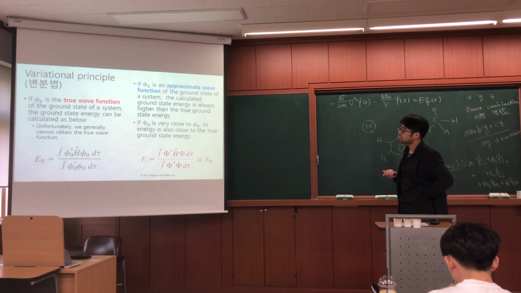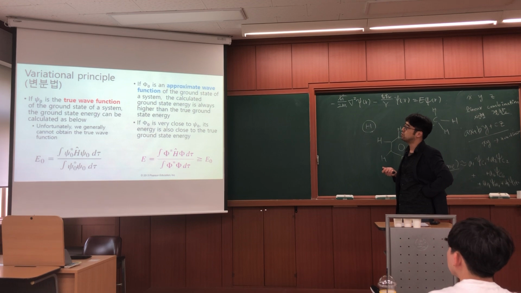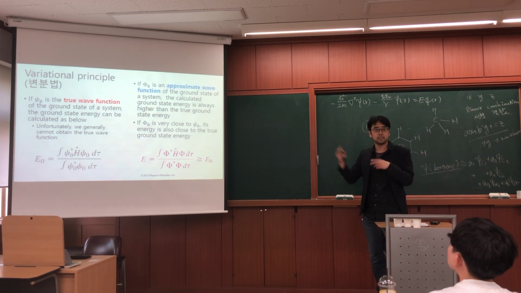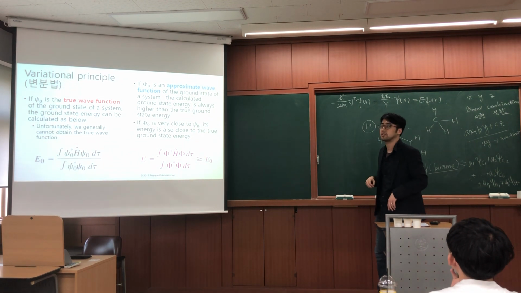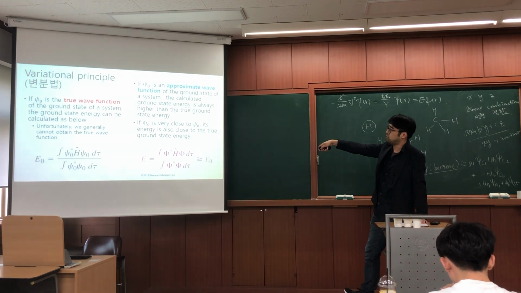In quantum chemistry or quantum mechanics, here the H is the Hamiltonian operator, and here the psi is the true wave function of the ground state of the system. We don't know what it is, but let's assume that this psi is true.